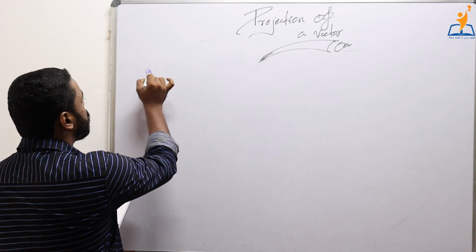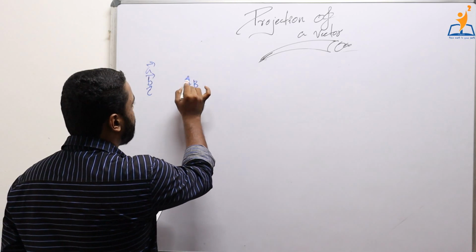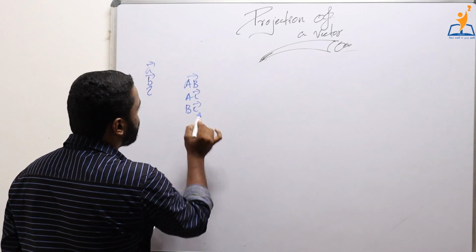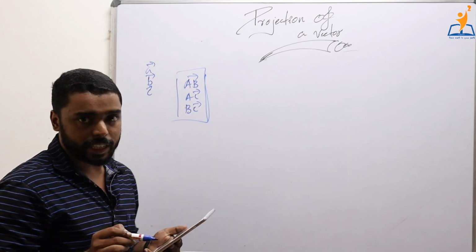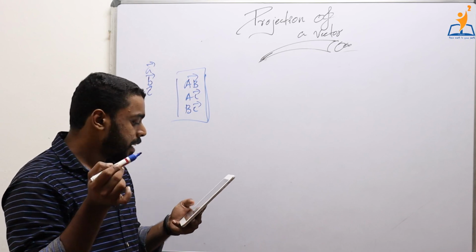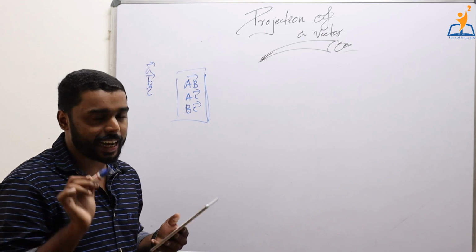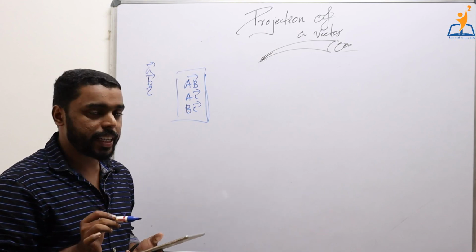We are given three position vectors a bar, b bar and c bar. Easily we can find vector AB, AC and BC, right? So check whether these three sides of a triangle satisfy the Pythagoras theorem or not. If it satisfies the Pythagoras theorem, definitely it will be the vertices of a right angle triangle.